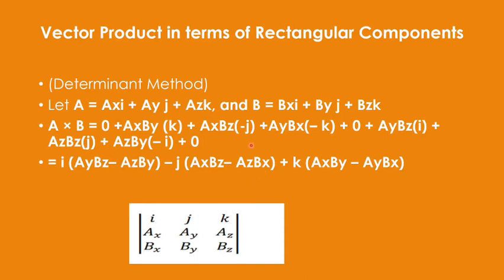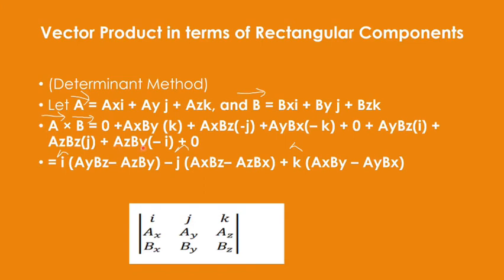Similarly, when you take the k components, k cap is out, then you can write ax by minus ay bx. So see to it, whenever you write this, you have to put a cap on all the i's, j's and k's, and you have to always put the vector sign over the vectors. I am not putting it at all the places, but you should know this.